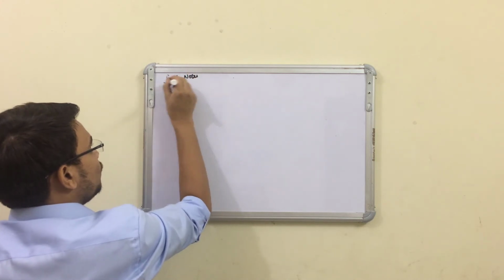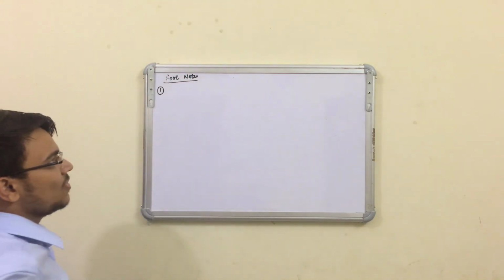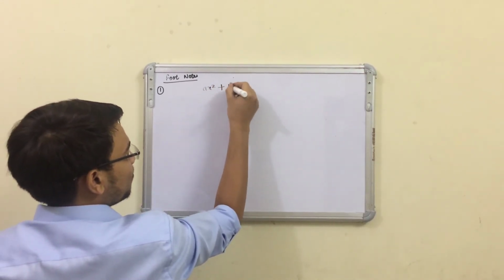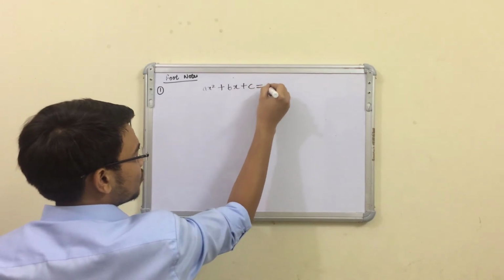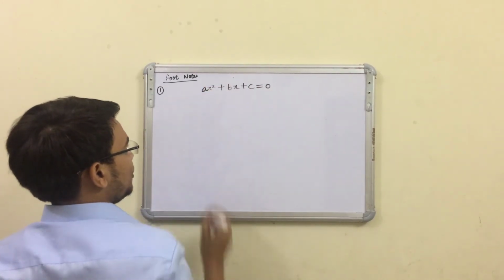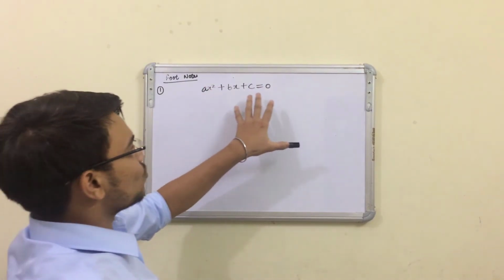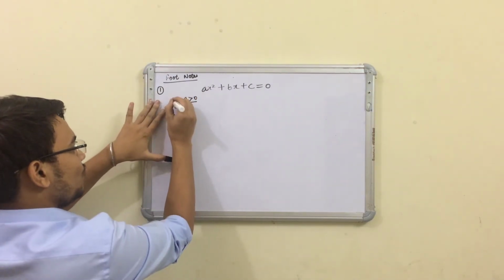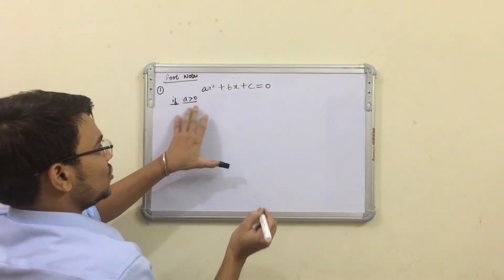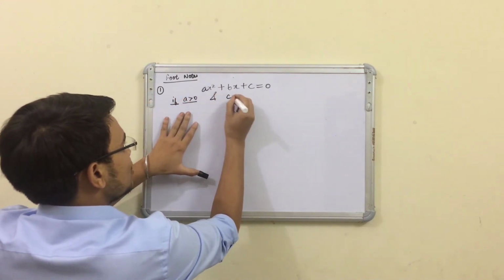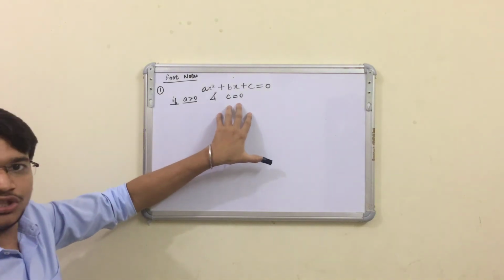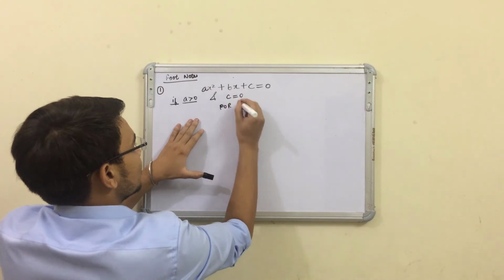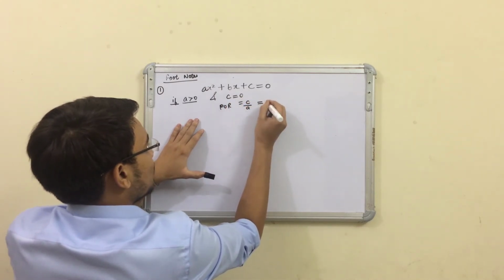footnotes. The first footnote is, we have a quadratic equation, general form. The general form of a quadratic equation is ax square plus bx plus c is equal to 0. In this quadratic equation, if a is greater than 0 and c is equal to 0, it means that the product of the roots is c by a, and it comes out to be 0.